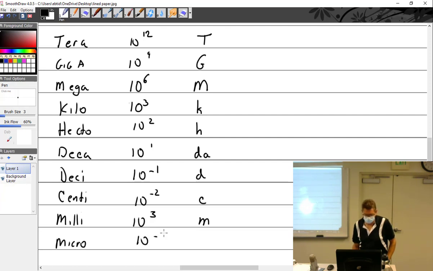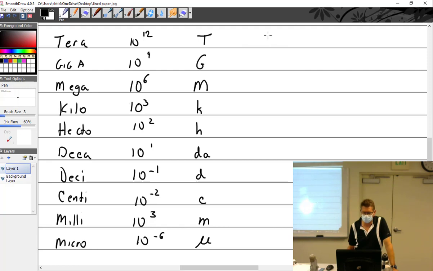Micro, 10 to the negative 6. This is like a cursive U, where it's actually a Greek letter, which is mu. Why that one just became Greek, I don't know, but it just is.